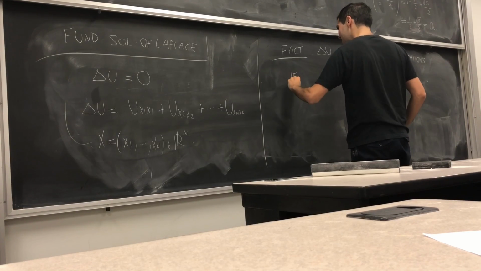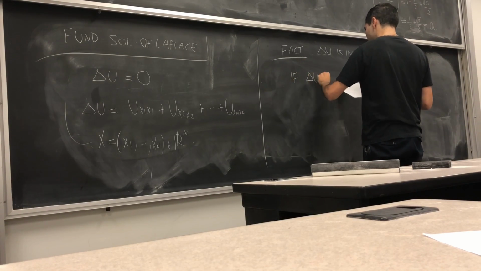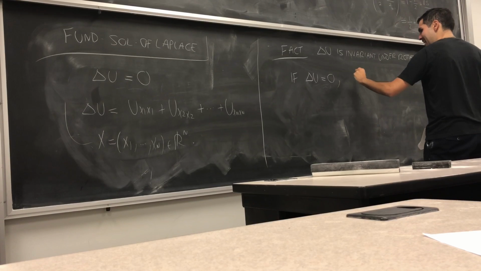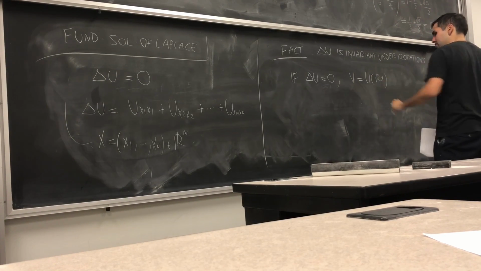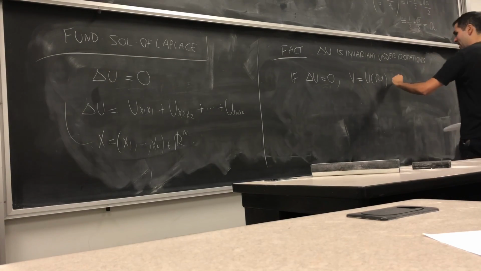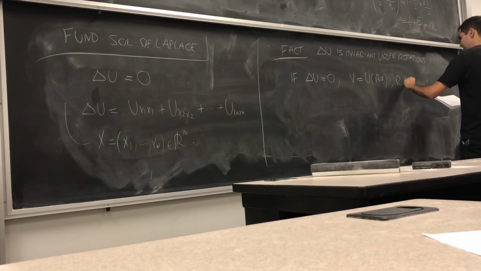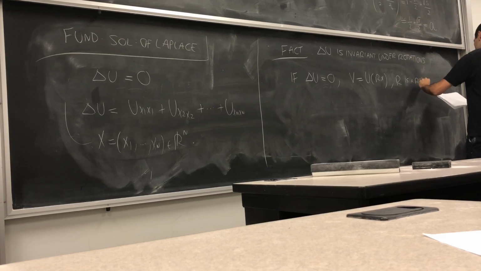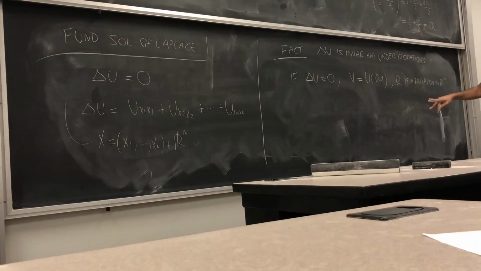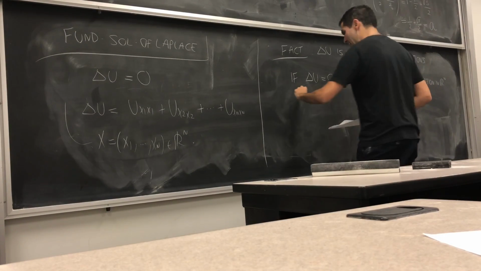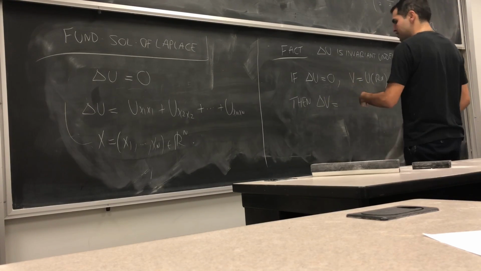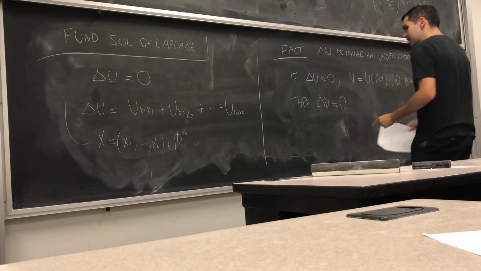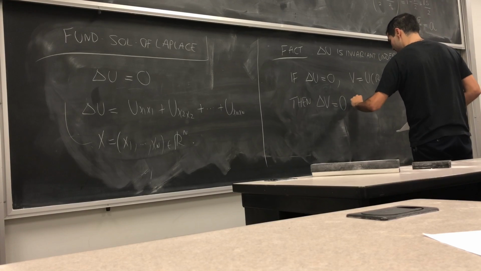It means that if U satisfies Laplace's equation, and V is a rotation of U, so V equals U of Rx, where R is a rotation in Rn, an orthogonal matrix, then if you calculate the Laplacian of V in the new variables, it equals 0 as well.